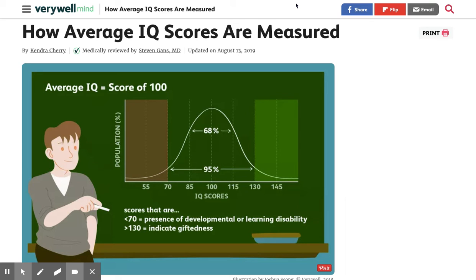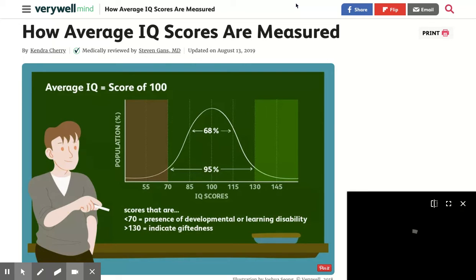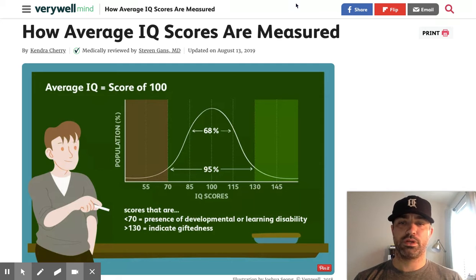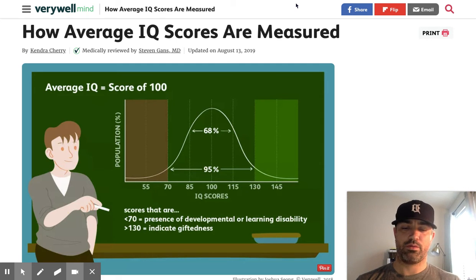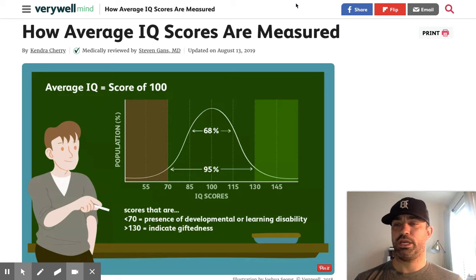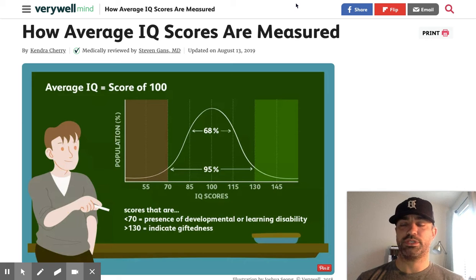What you're going to be doing is reading an article, which didn't come up, but it is an article that allows you to understand what intelligence is, how it's measured, how it's been used in the past to control groups and say what groups can learn and which ones can't.